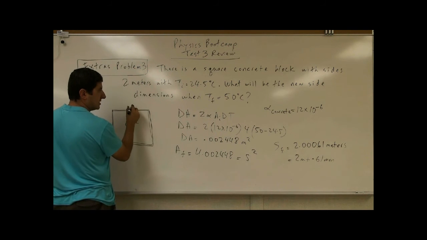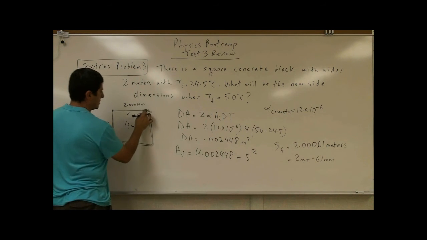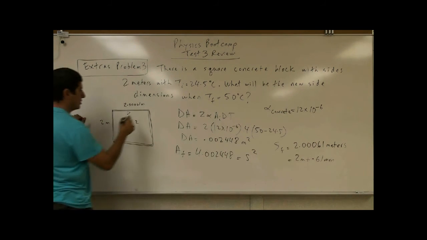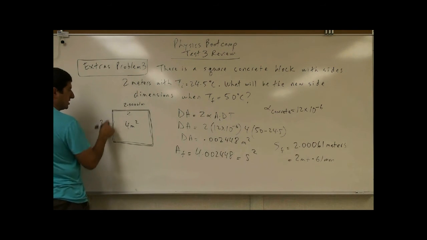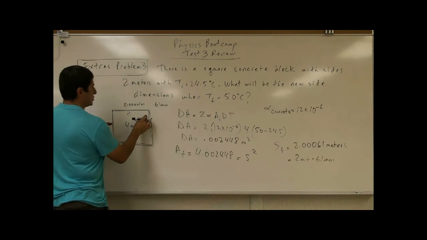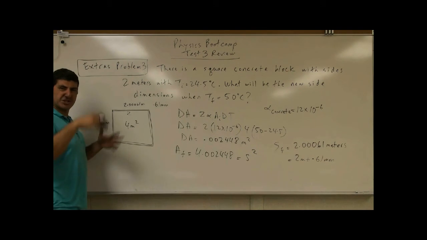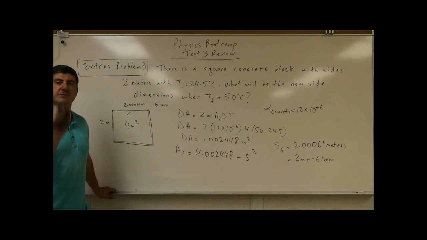The new side is equal to 2.00061 meters, right? So over here, it expanded by how much? Well, the whole expansion amount is equal to 0.61 millimeter, right? So that means half of that, let's just approximate it for a second. Let's just say 0.6 millimeter, right?